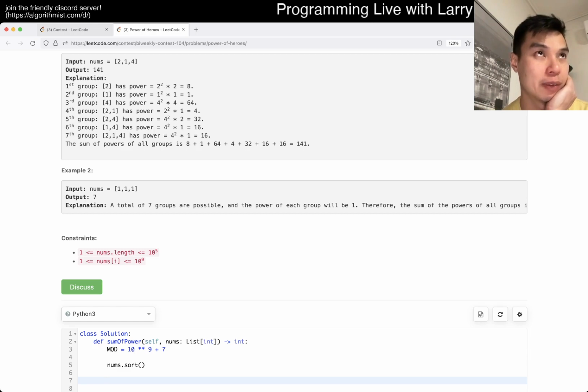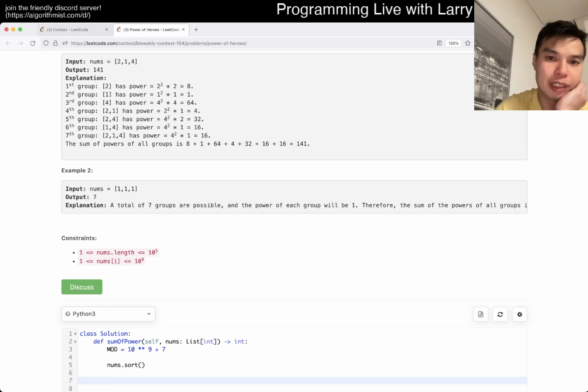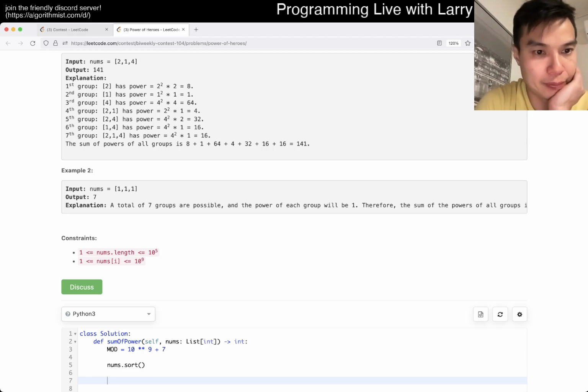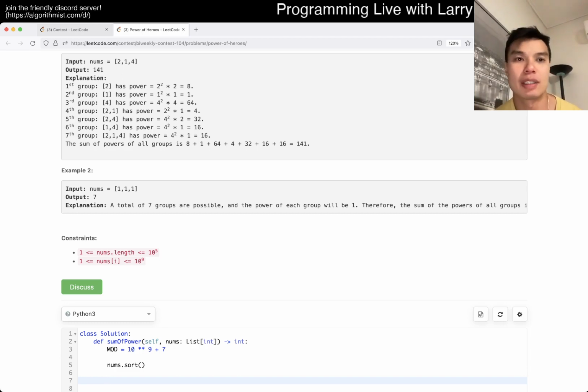How many times is this going to be? Max. Yes, max. But then how do you add the sum? If 1 is the min, then two is the max. I mean, that's n squared.